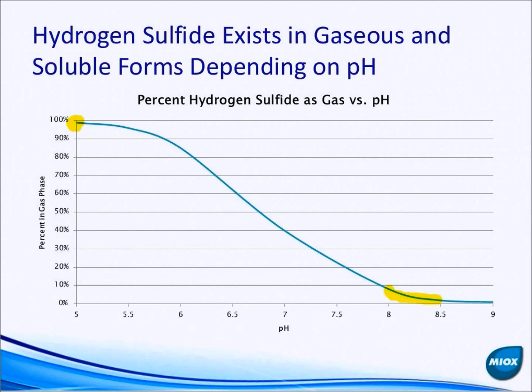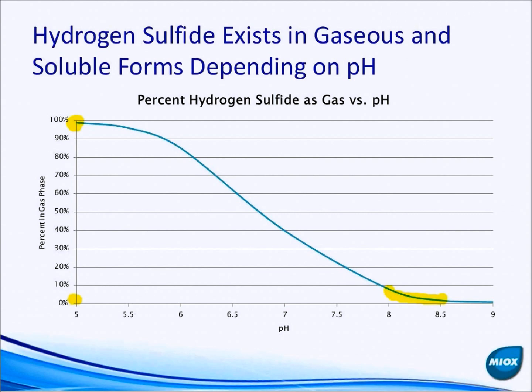So if you had a water analysis that said, I'm at an 8.5 and I've got 0.5 parts per million of hydrogen sulfide, you can look on the chart, draw a line over, and say, okay, my air stripper, even if it's running 100% efficiently, can only be expected to remove about 3% of the total concentration of hydrogen sulfide in that water.